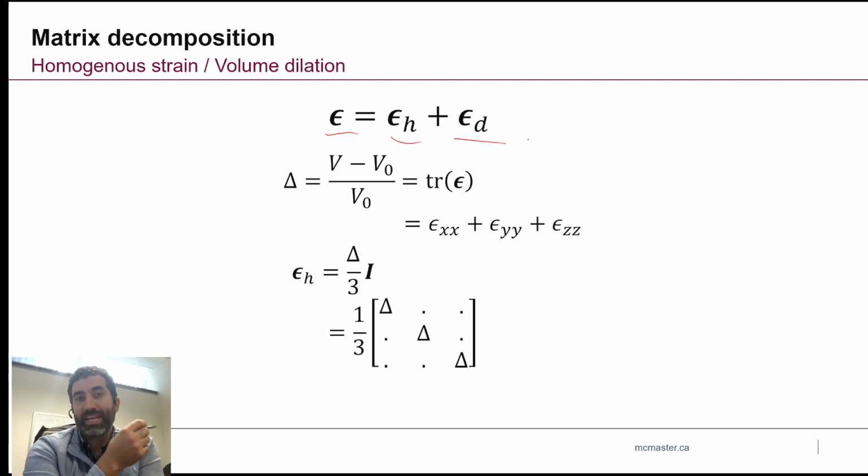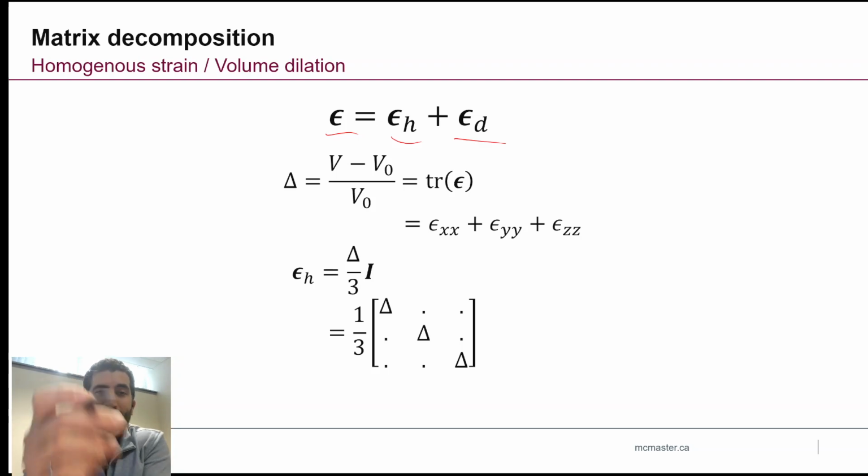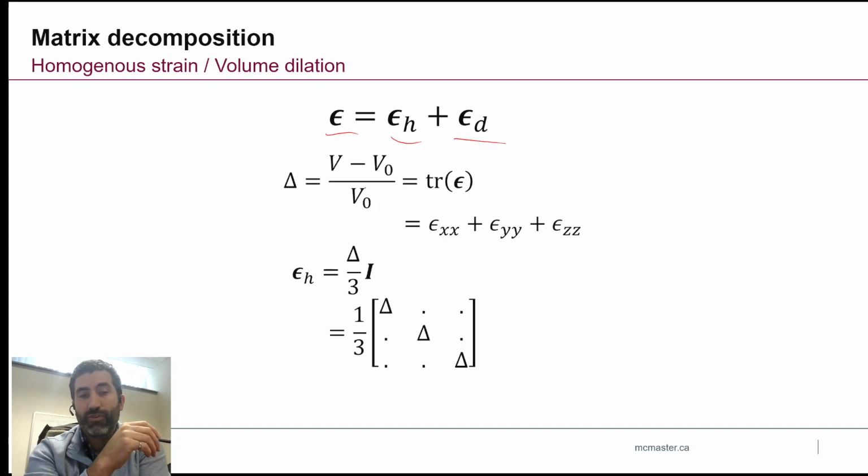And what we're going to define is a scalar field called the volumetric dilation. In this case, delta, I know, delta usually means change, we ran out of letters, right? Delta is nonetheless defined as the difference in volume over the initial volume, and it turns out that this is the trace of our strain matrix. Trace is one of these matrix operations. What we're doing is we're summing the diagonal.